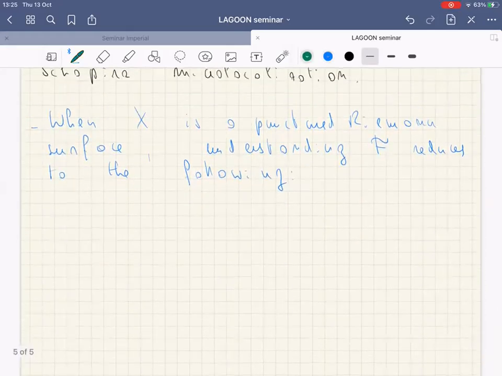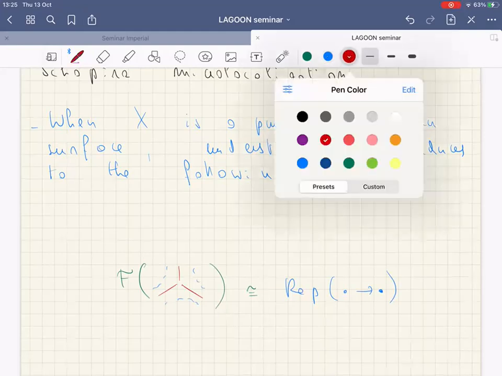And again, it is slightly imprecise here. So this is equivalent to representations of the quiver, and then we have three restrictions here.